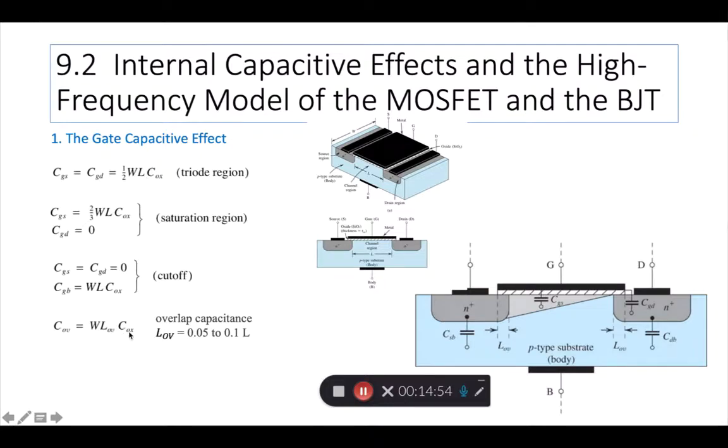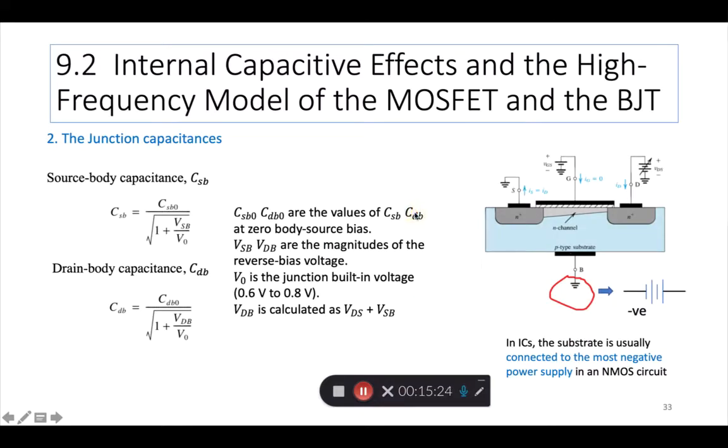So COX is a constant, W and L depend on how the chip is fabricated, and this LOV, the overlap area, is shown here, right? It's where the gate terminal extends slightly over into the above the N well, the source well, right? Actually, the source is here. Sorry.